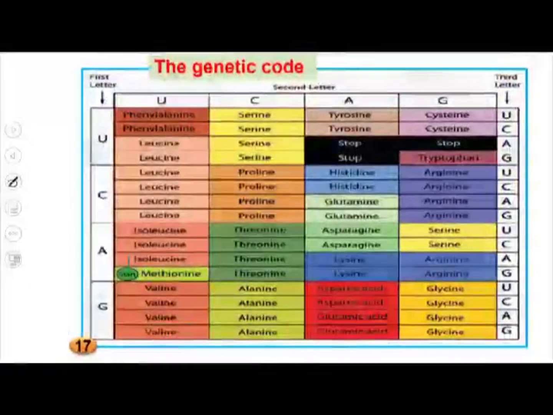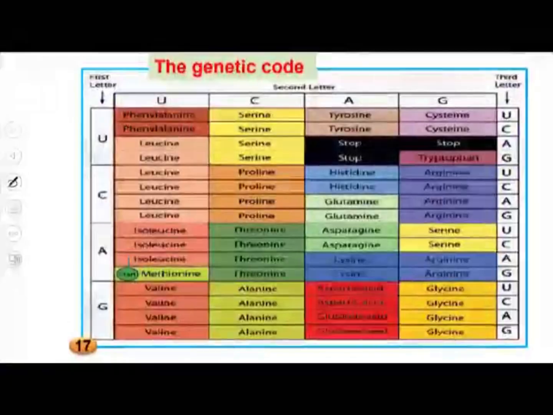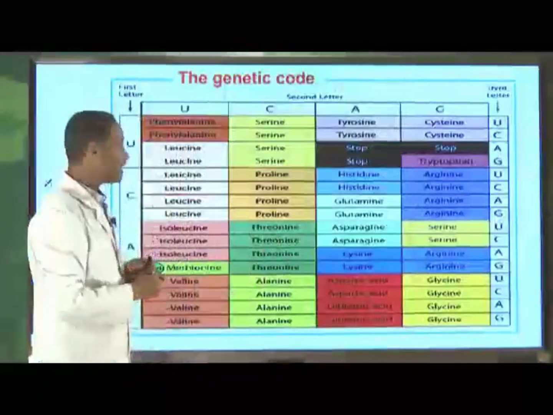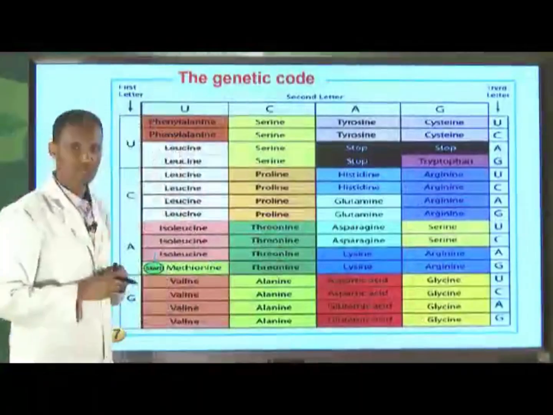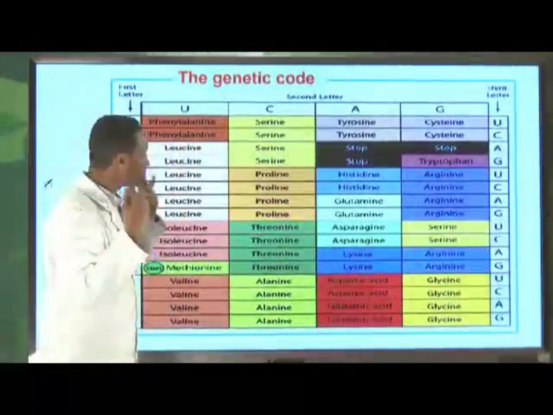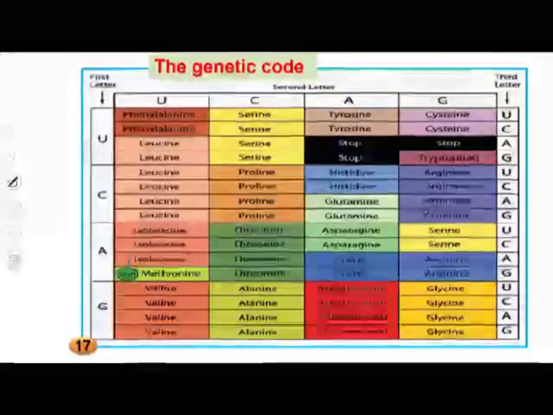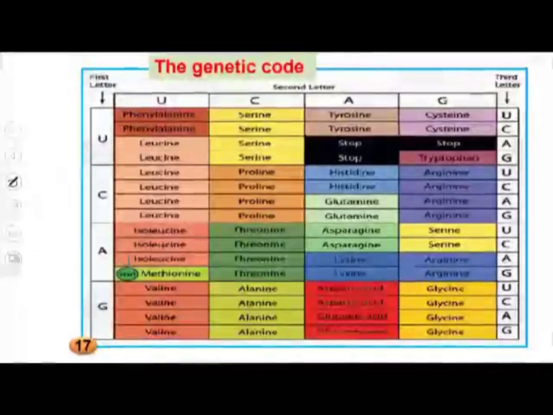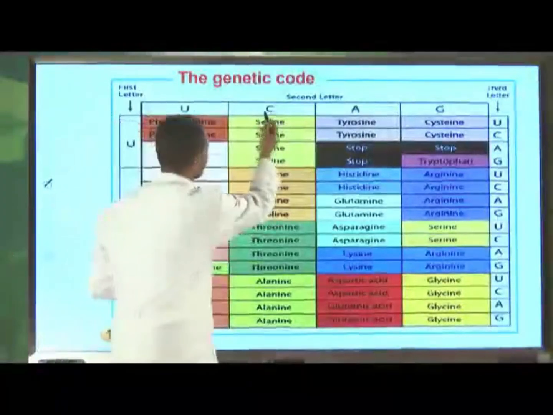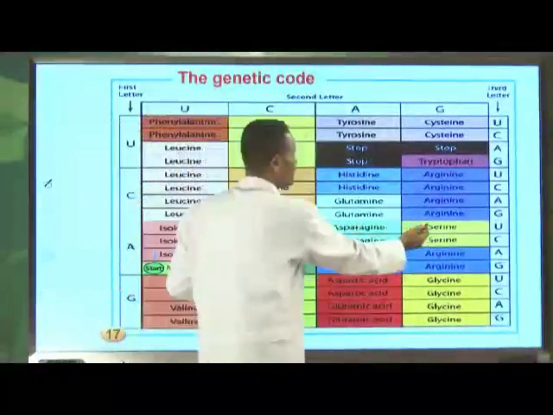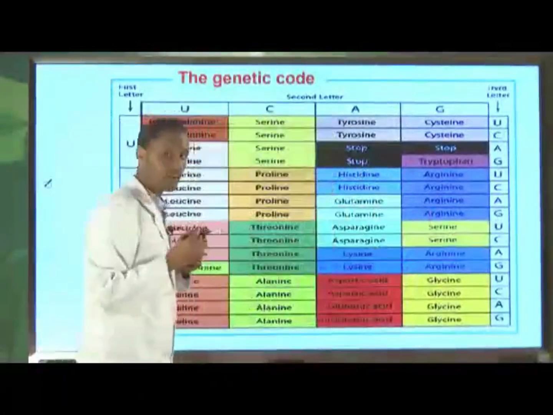Again, if you see another amino acid, in this case, threonine. Threonine you can find in this table at 4 places. That means 4 different codons can encode threonine. The first one is adenine, here the second letter cytosine, and uracil encode threonine.